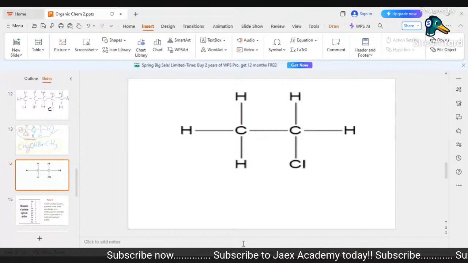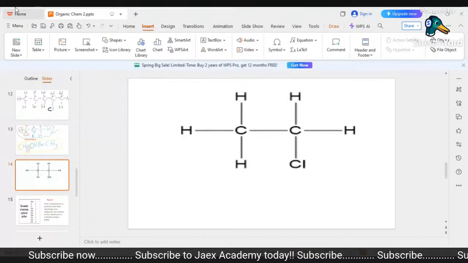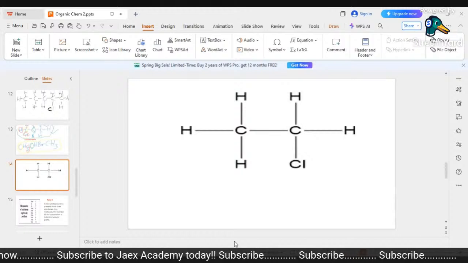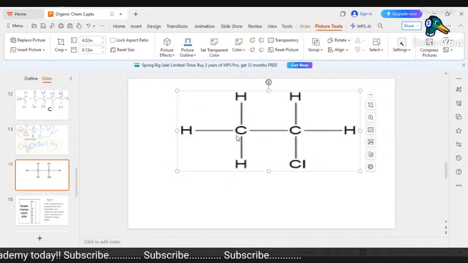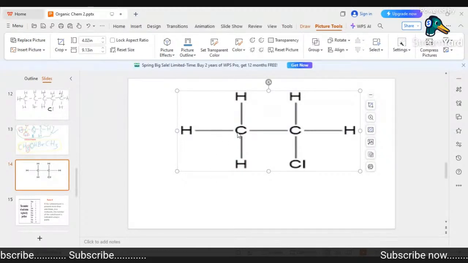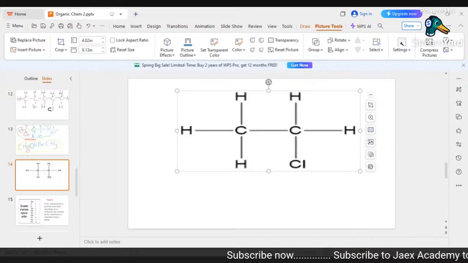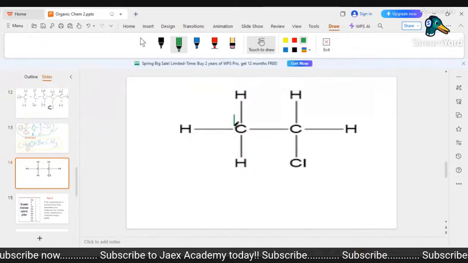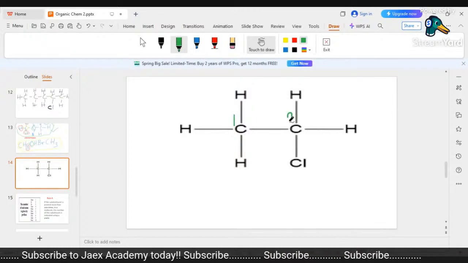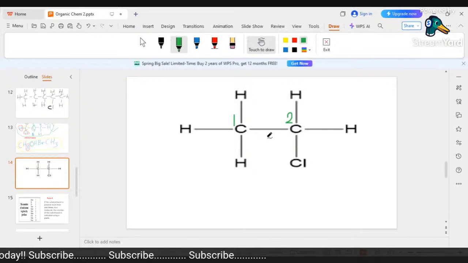One chloroethane. So we said we must count from the side that is closest, right? So from the up we have 1, 2.